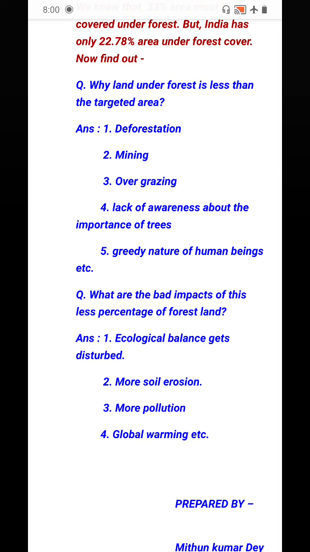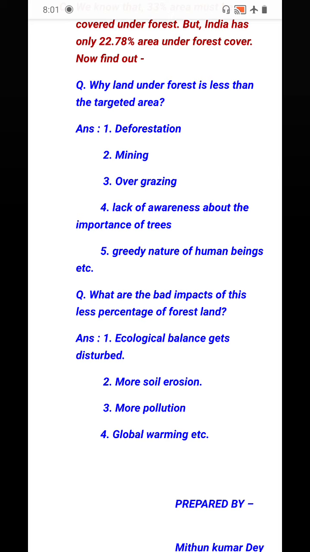Ecological balance gets disturbed, because forest means plants are present and it also provides shelter to animals, so flora and fauna both live there. Trees also help in rainfall and in maintaining the balance of gases like oxygen and carbon dioxide. So ecological balance gets disturbed.